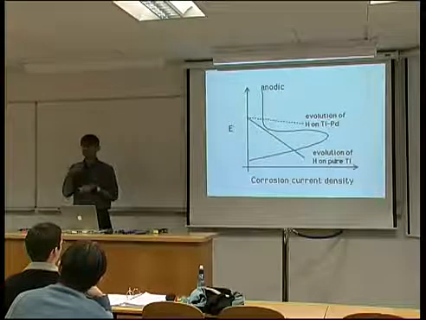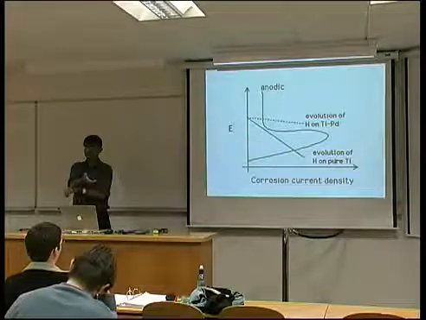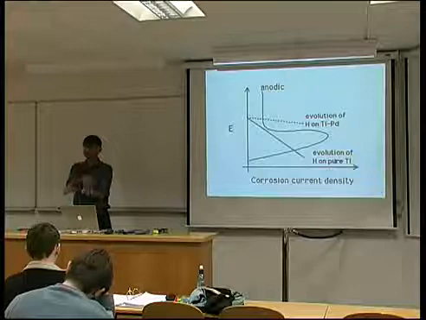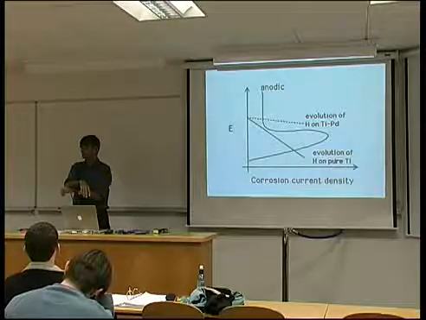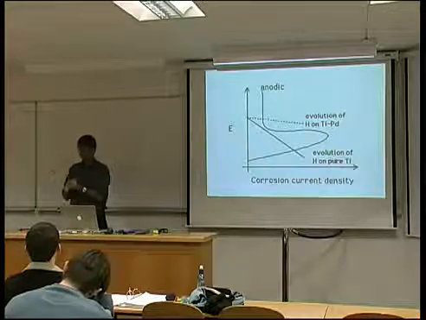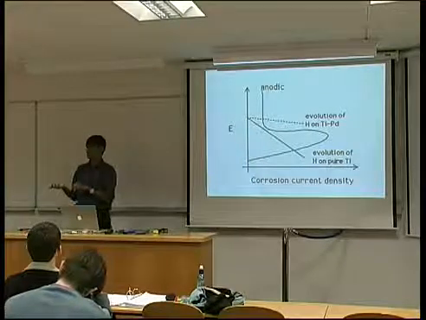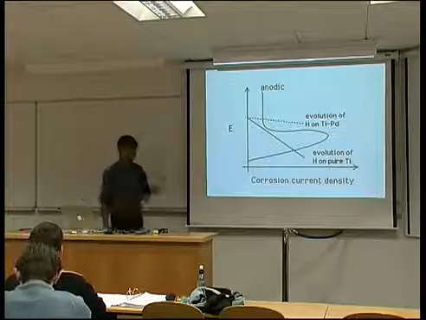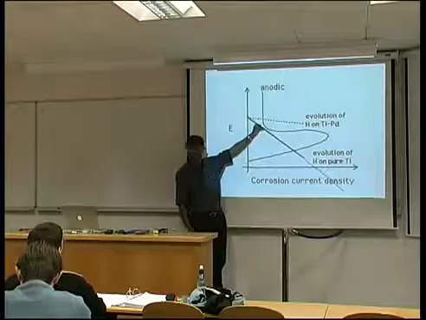So think about reactions in general. You provide a driving force, and even if it is a tiny driving force, why doesn't the reaction occur at an infinite rate? Precisely. So there's a barrier to the evolution of hydrogen. And the bigger that barrier is, the steeper will be the slope.